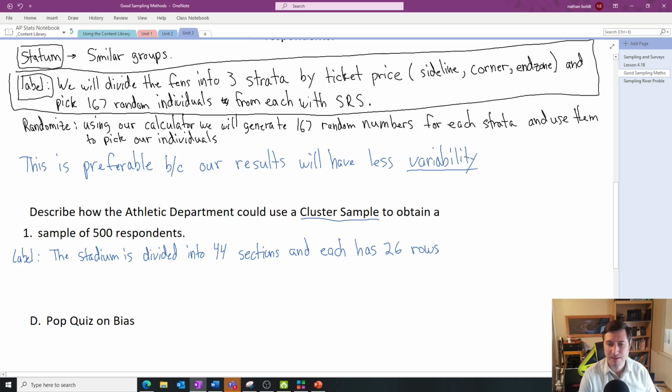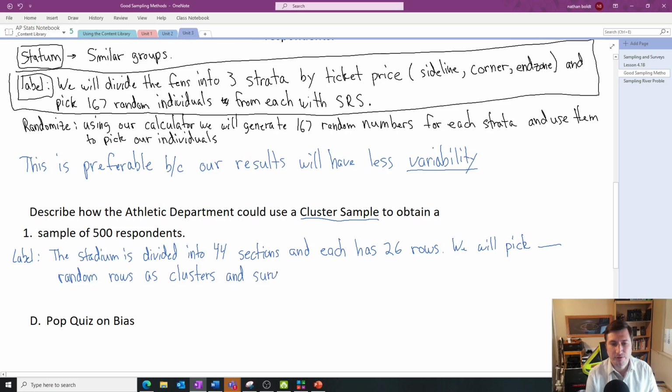I am kind of making that up, but I think it sounds reasonable. And so what we are going to do is pick some random rows. We will pick blank random rows as clusters and survey the entire row.